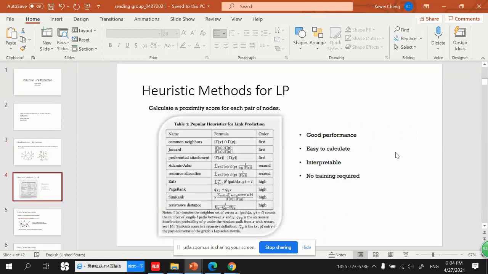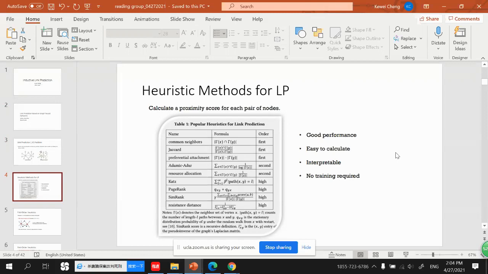proteins. One of the most traditional methods for the link prediction task is to use heuristic methods to predict links, usually by calculating a proximity score for each pair of nodes. Some representative methods include common neighbors, Jaccard, and preferential attachment.